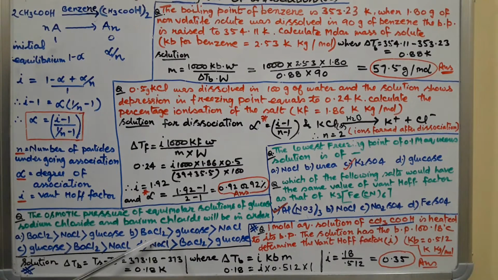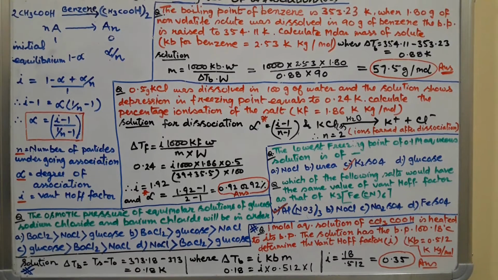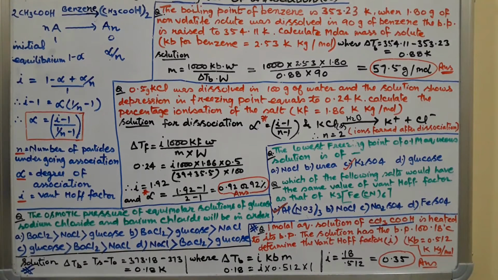So just consider what will be the answer here. Is this one going to be the answer? BaCl2, glucose and NaCl? No, because glucose remains 1. Is this one going to be the answer? Because osmotic pressure will be in the order, so the order is not going to be followed by B, C and D. Check it for 30 seconds. You just check it out and tell me the answer.